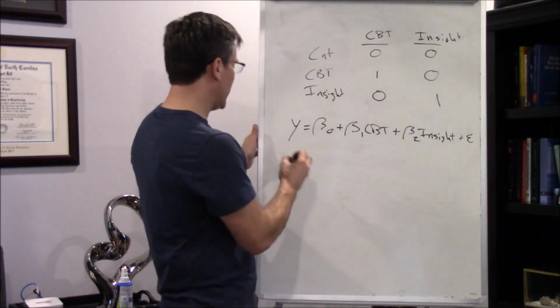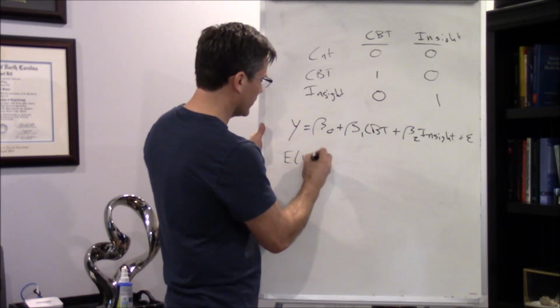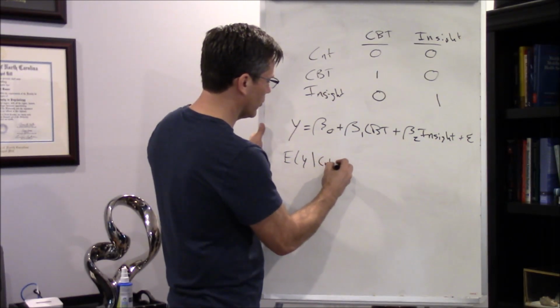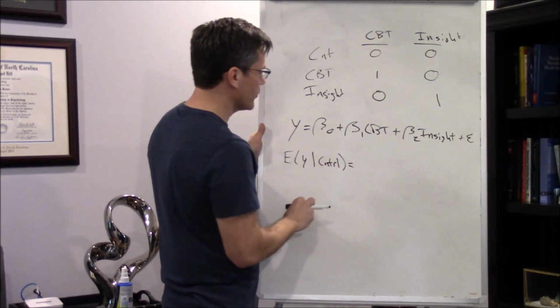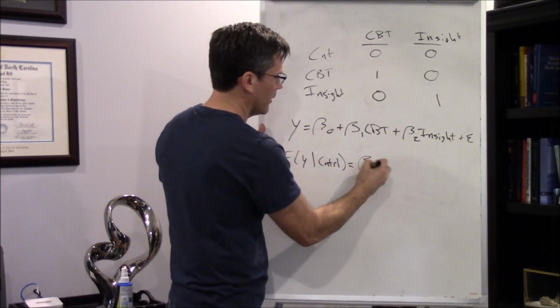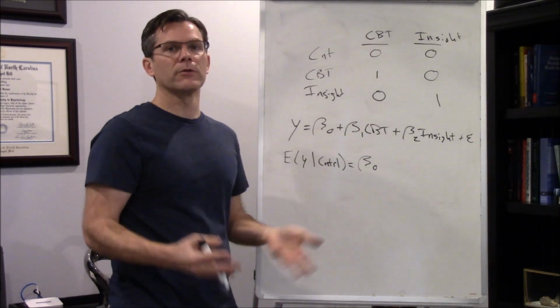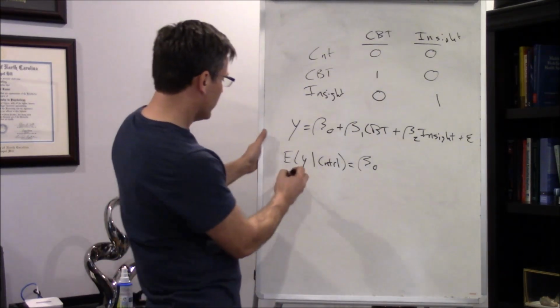Now we have 3 possible outcomes. We have an expected value for marital satisfaction if you're in control. If you're in the control group, then CBT is 0 and insight is 0, and all that's left is beta naught. So beta naught represents the expected value, or the average value, for the control group.